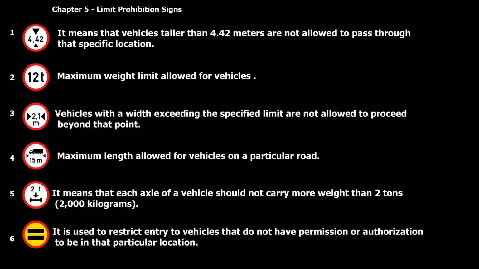On sign number 4, as you can see, there's a truck there, and underneath is 15 meters, and there's a triangle on the left and on the right hand side. It basically says the maximum length allowed for vehicles on that particular road. It's basically the same as sign number 3, but they're specifying the length of your vehicle.